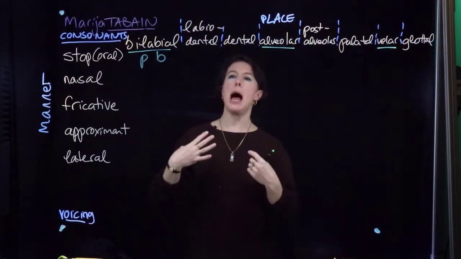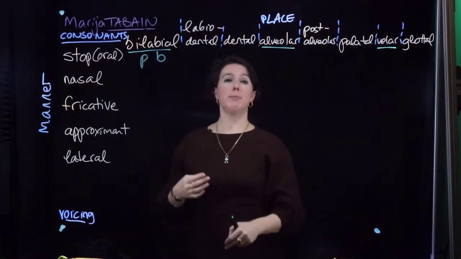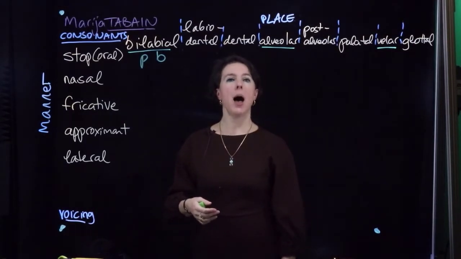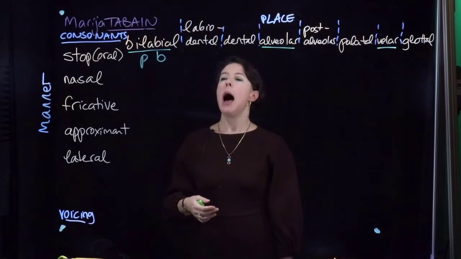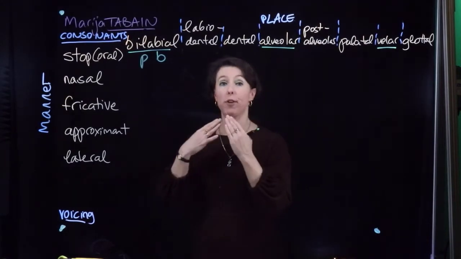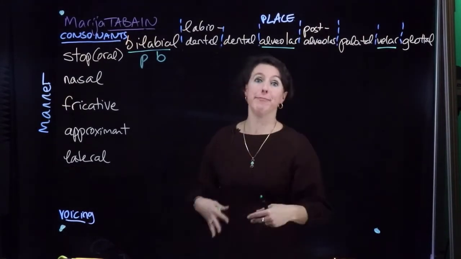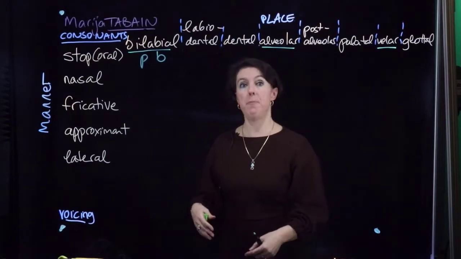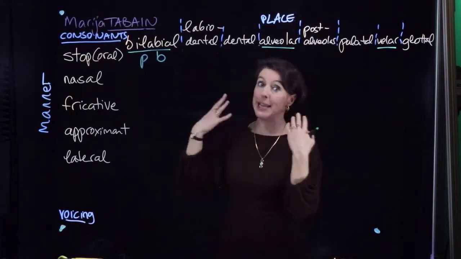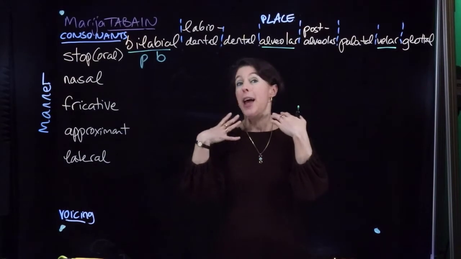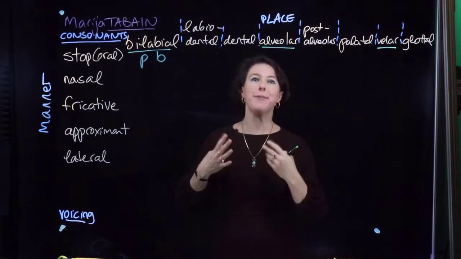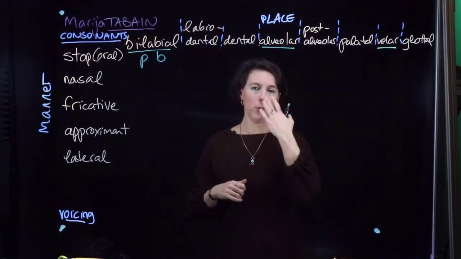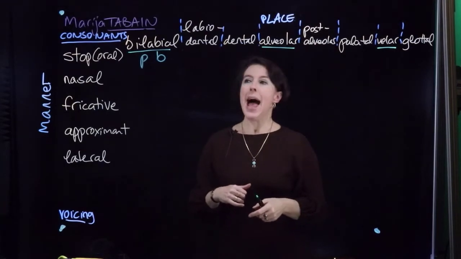This means that we put our lips together, pa, ba, and we stop the airflow. So if you do it yourself, just go up, and the air's not escaping. It's not escaping through your mouth, the oral cavity, and it's not escaping through your nose either.